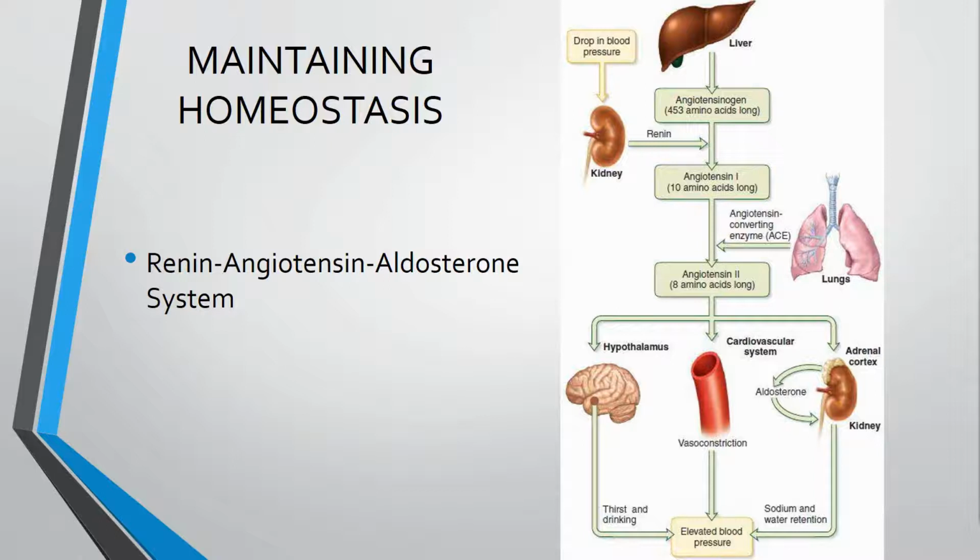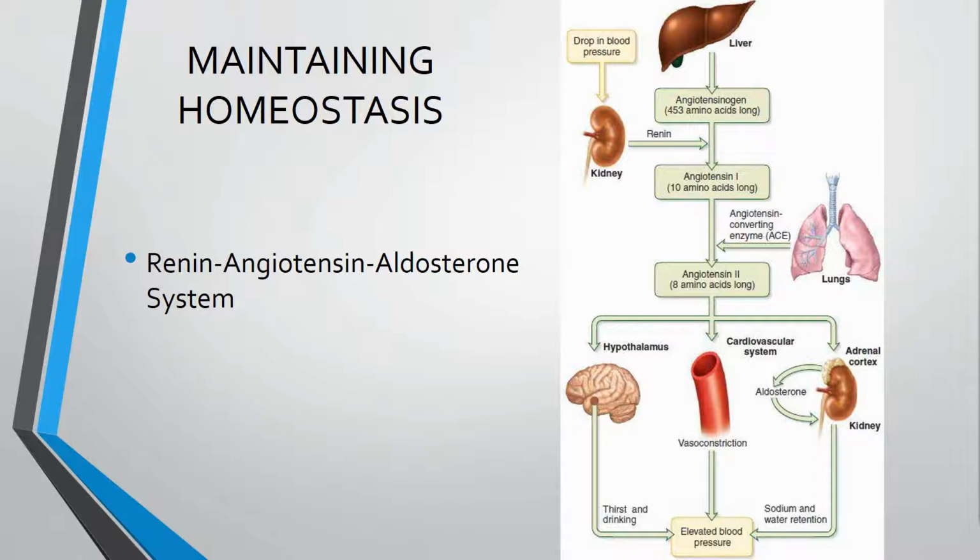So the take-home message here: the net effect of the system is to restore blood volume and renal perfusion through sodium and water retention. Remember, as you learned with osmosis, if we retain extra sodium molecules, we're going to retain extra water.